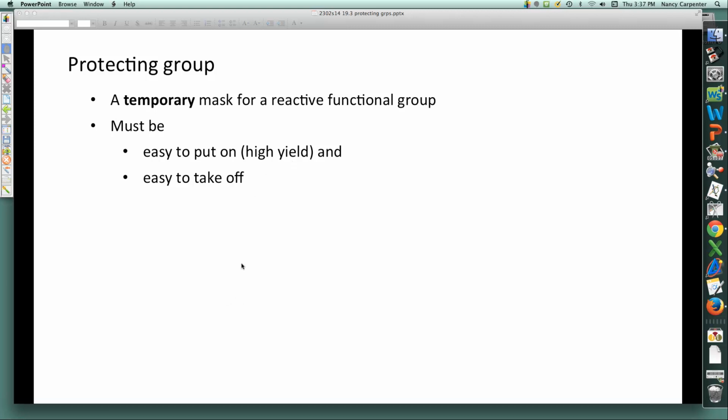You want a nice high, ideally quantitative yield in both the protection and deprotection stages. By protection, I mean you take your starting material and you add something like this blue dot, whatever that is, that completely hides my reactive aldehyde from future reactions.